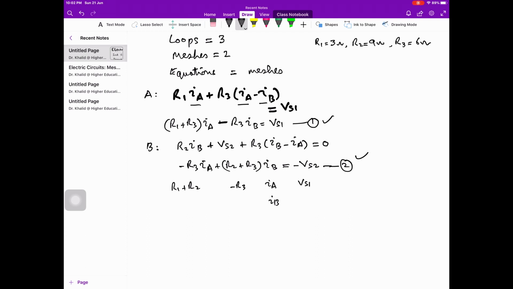So in matrix equation, this matrix equation will be representing two mesh equations over here, like that.